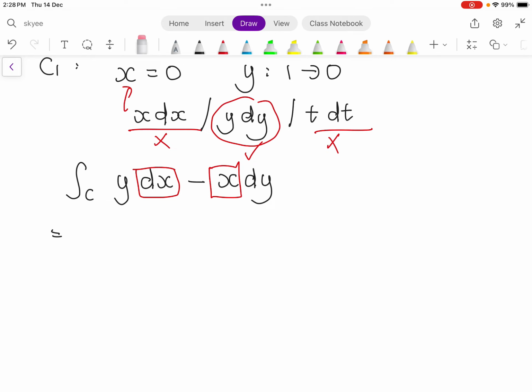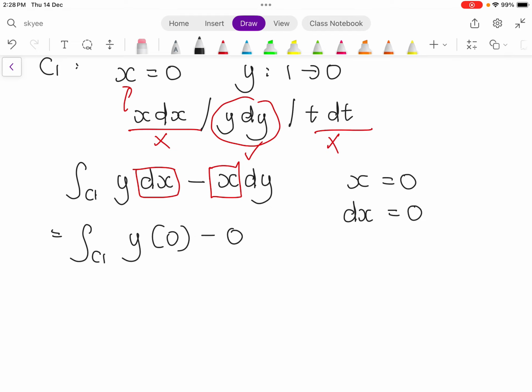In this case, your x is equal to 0, so dx automatically becomes 0 as well. For C1, y remains, dx will be 0, minus x is 0, dy remains. So you will see that the answer is equal to 0. The line integral for path C1 is equal to 0.